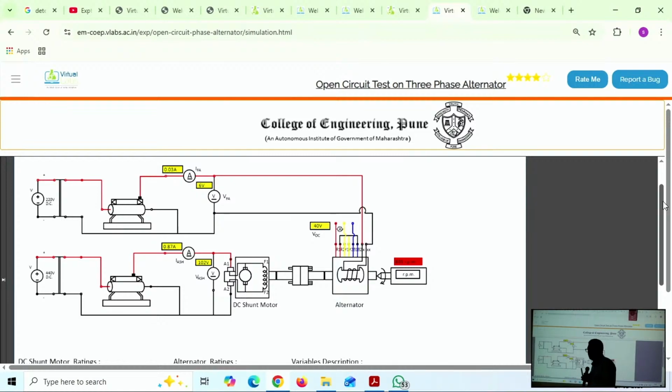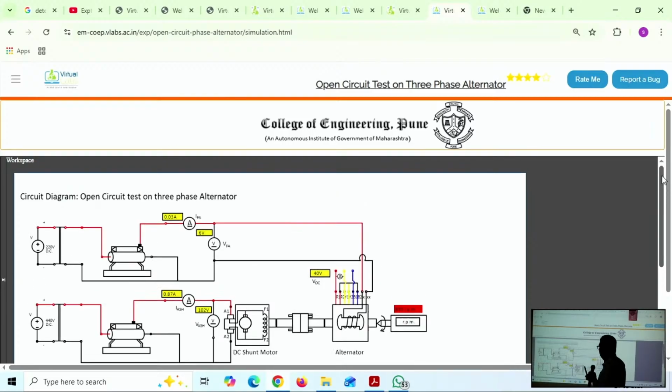Sir, here it is open circuit, short circuit test; another experiment is there. He has shown this, and I just gave some inputs for that. Now, open circuit test, okay, just to show the short circuit test.